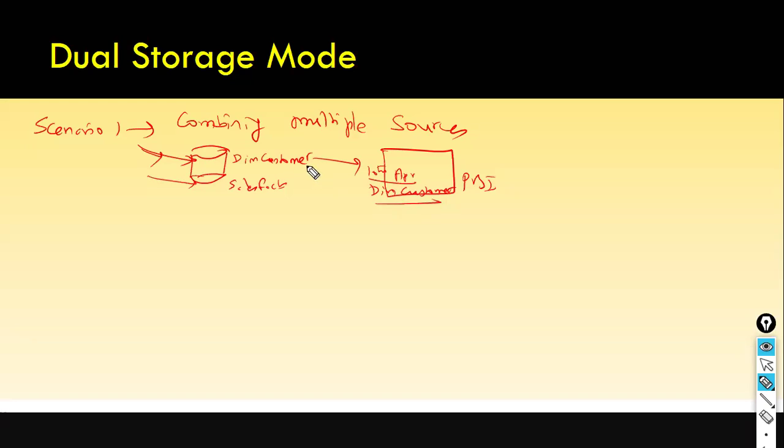You might be debating with me, okay, anyhow, we are doing the data scheduling, once in a day itself we are doing it. But still, at any given point, for example, you are doing the data refresh every day.